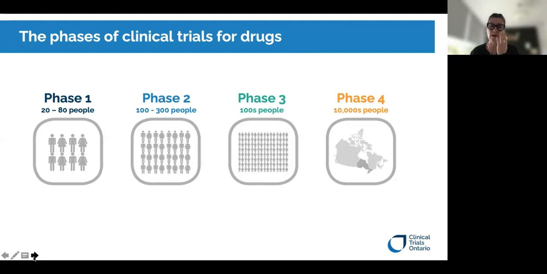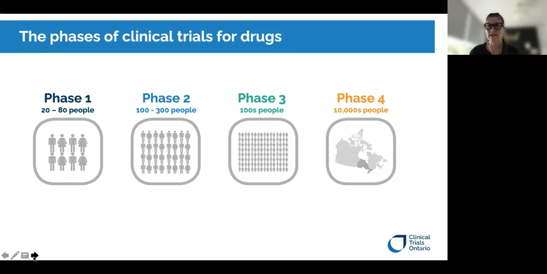Those people are monitored really closely because this is the first time that the intervention has gone into people. And sometimes, depending on the area of study, you might see the phases combined. So sometimes you'll see a phase 1-2 study, or you might see things presented a little bit differently.